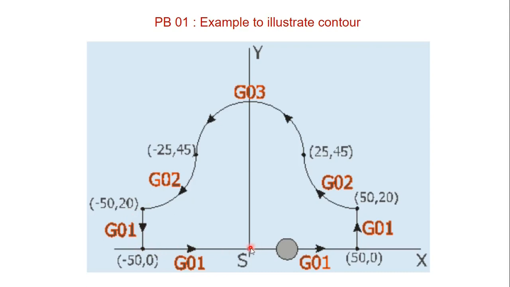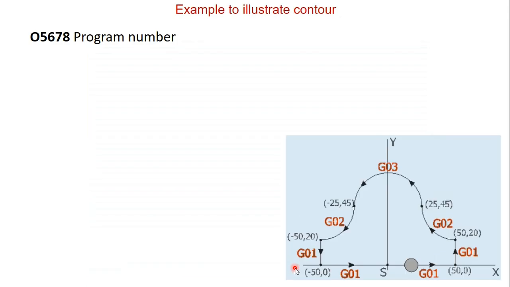Okay, so let's see the program. In this problem we are not including the cutter compensation. The program will start with O followed by a few numbers. 5678 is the program number. Suppose this is a subprogram to any main program and you want to call it, you can use this number to call this program.